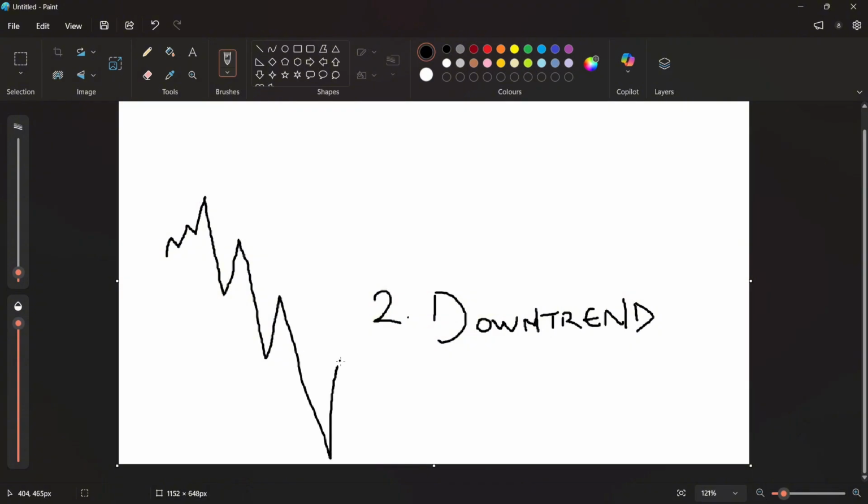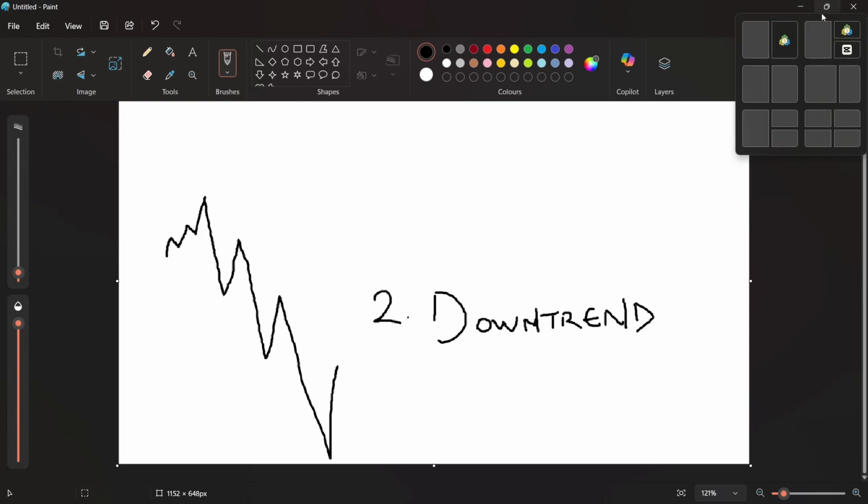When you see this kind of formation in the market, it indicates a downtrend, formation of lower highs and lower lows. And the basic logic behind it is more activities of sellers than the buyers. The sellers are in control of the market. They are selling that instrument. You understand me? Let me also show you an example on the chart.